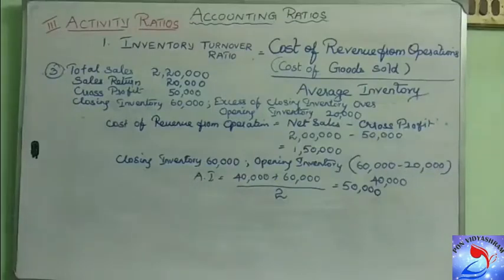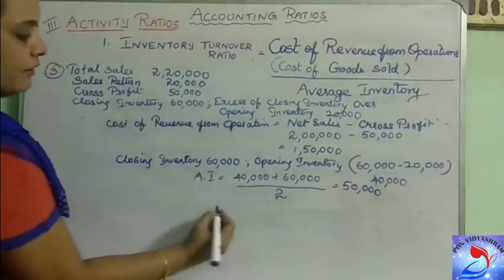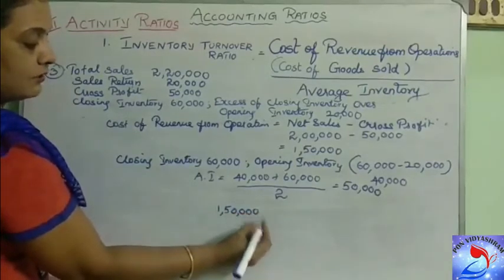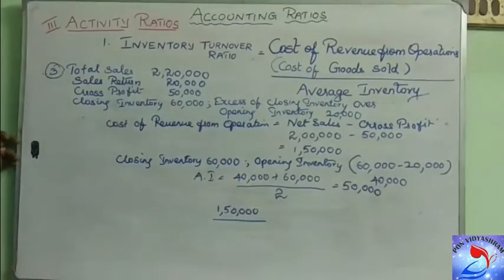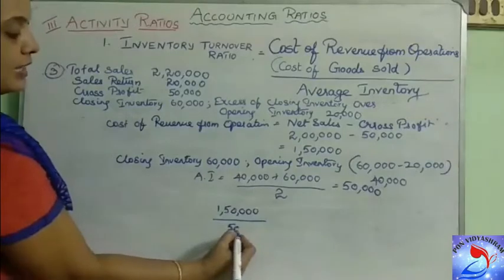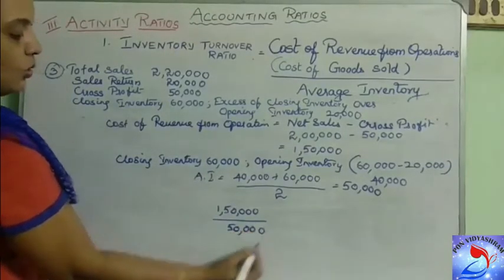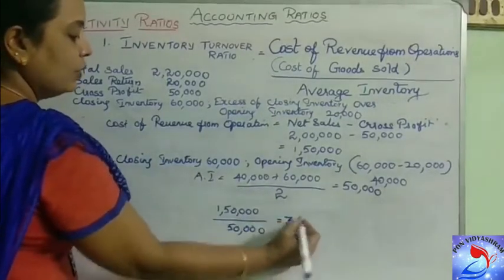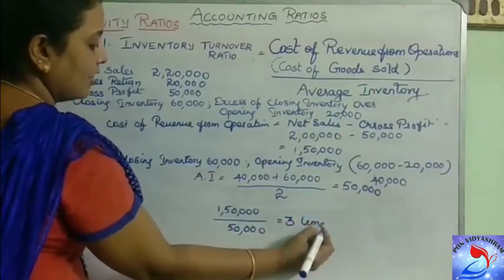Now we have to apply the formula cost of revenue from operation divided by average inventory. So 1,50,000 divided by 50,000 will give you 3 times as your answer.